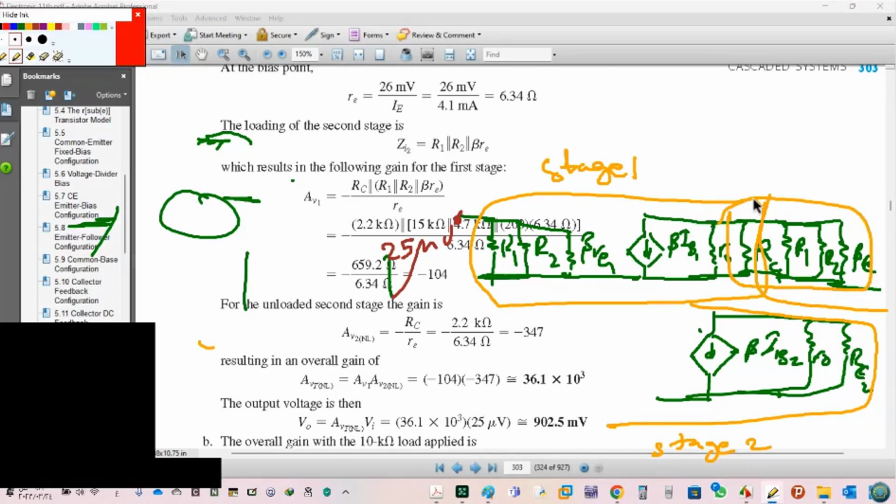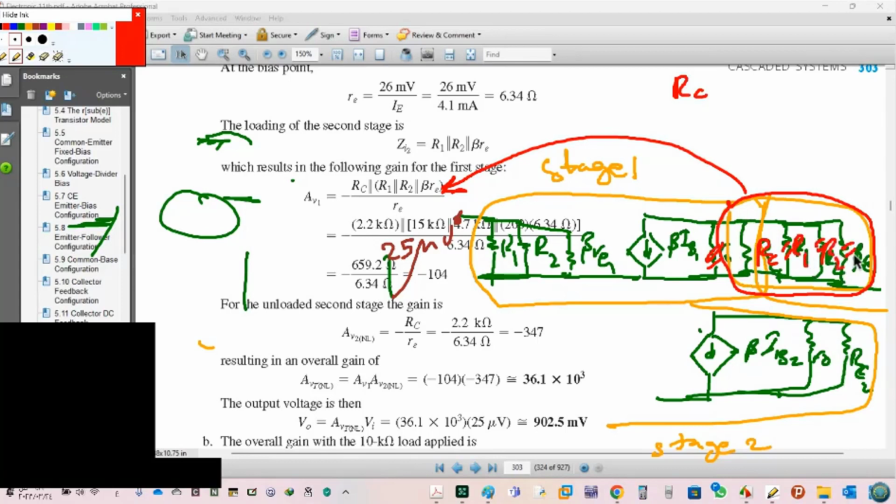It's not RC alone. RC is in parallel with R1, parallel with R2, parallel with beta RE, over RE. Don't forget the minus again. Got how we find it? From a graph. Without a graph, you cannot get it.